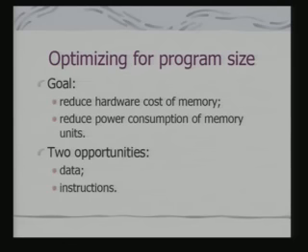Okay. But I need to do an optimization because I would like to use minimum memory, because that also is a constraint for a design. So, if I optimize the program size, I reduce hardware cost for memory and reduce power consumption of memory units, because I shall be using fewer memory units. Obviously, there are two opportunities: to look at data as well as the instructions.